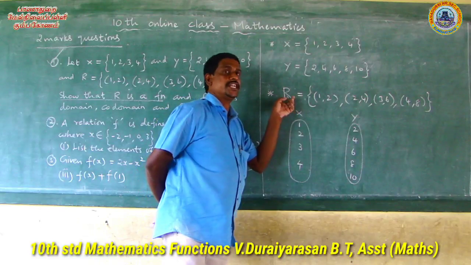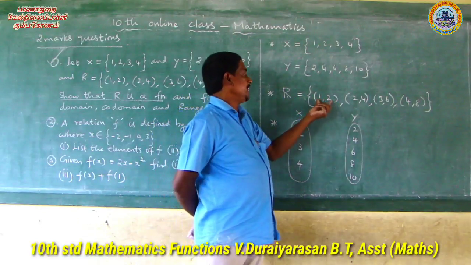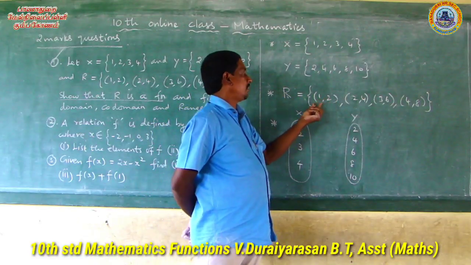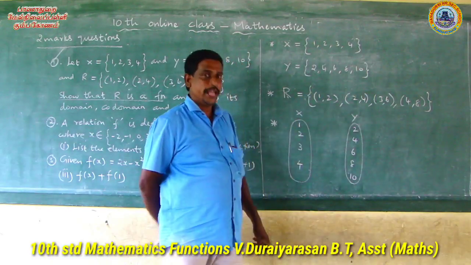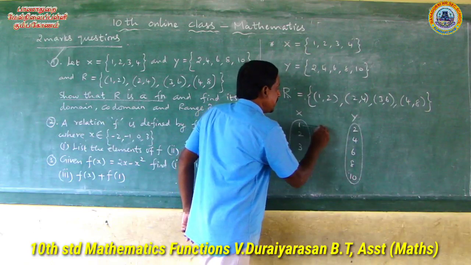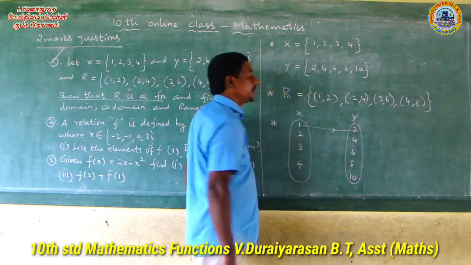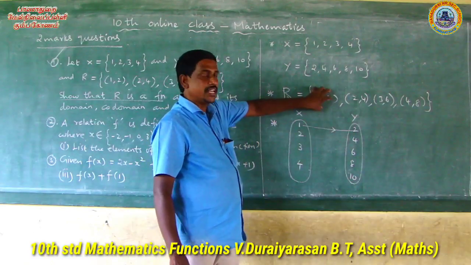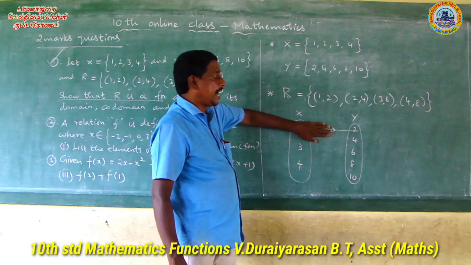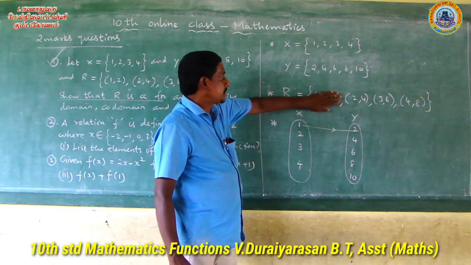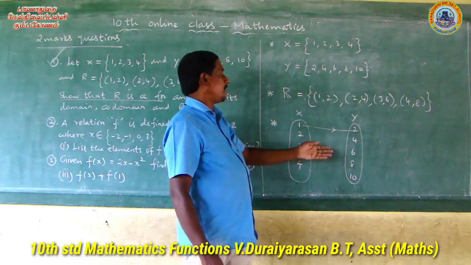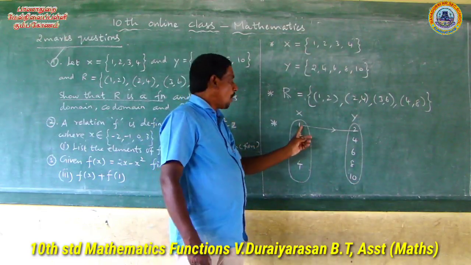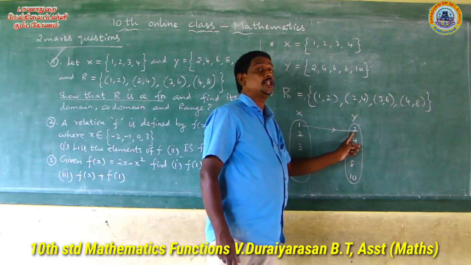What is the relation between the ordered pairs? What is the first ordered pair? (1, 2) means 1 is connected with 2. This is a type of arrow diagram. The set of all ordered pairs is another form of the arrow diagram. 1 is connected with 2.